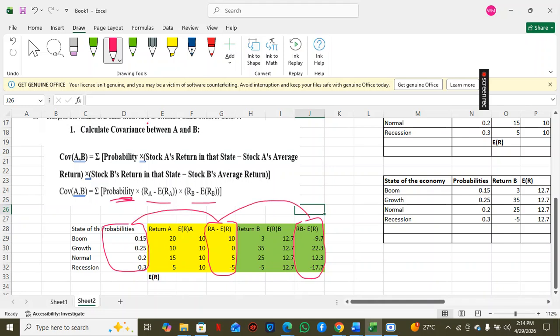This times that. So we're going to say 0.15 multiplied by 10 multiplied by negative 9.7.